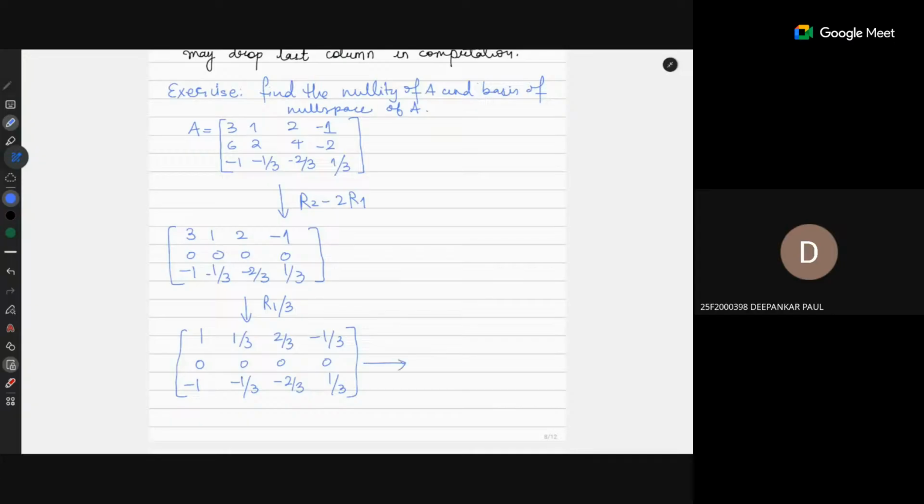Interchange R2 and R3. Then R2 plus R1. So you get this.